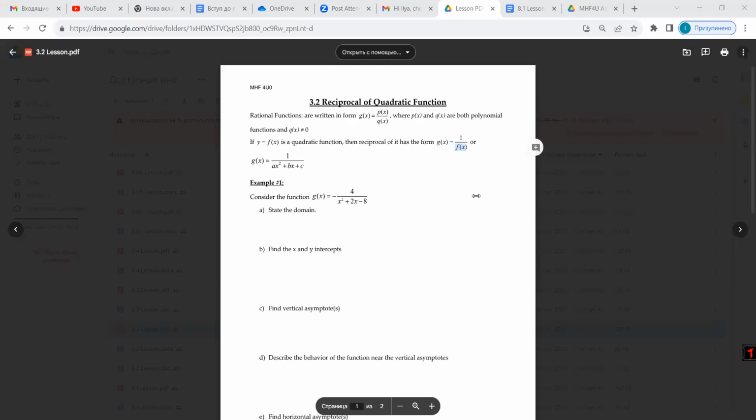Unmute yourself and please give an answer. What is the domain of this function? I can't hear you.